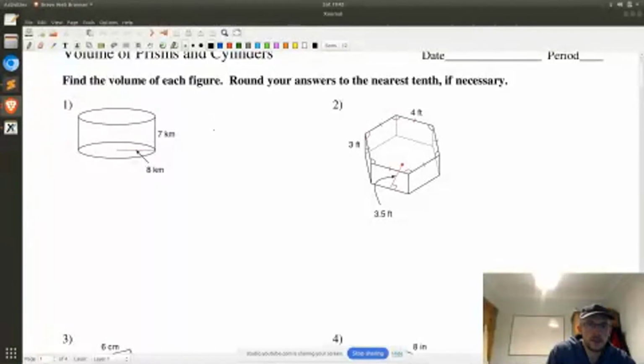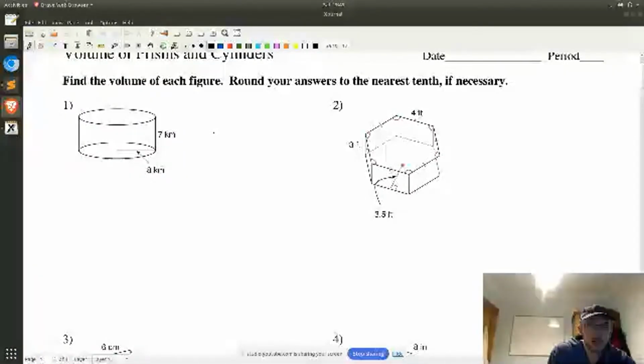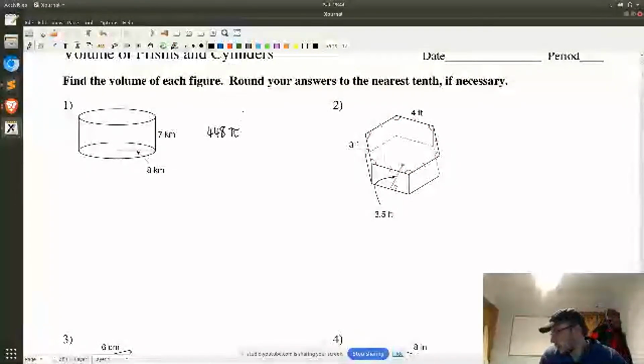So, wait, hold on a second. 64 pi is the base, and then times that by 7. 64 times 7 is 448. It's that many cubic kilometers.